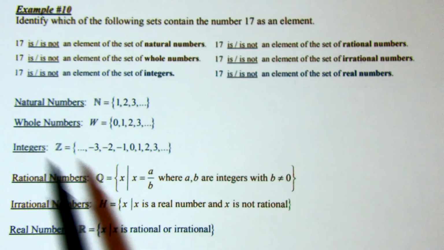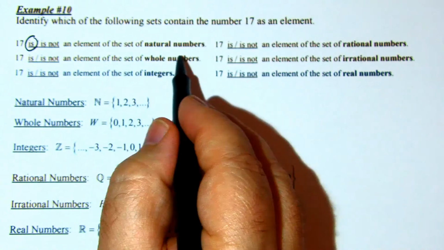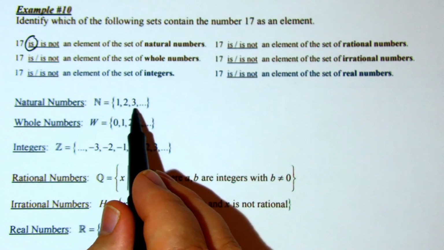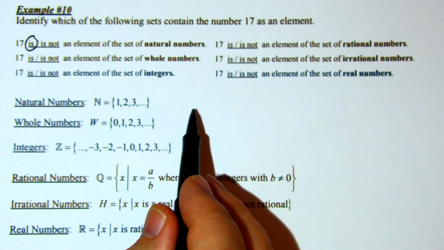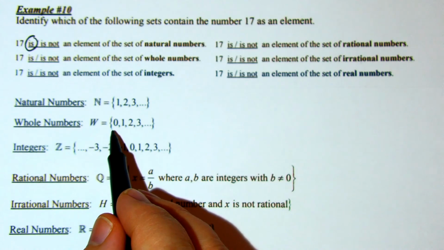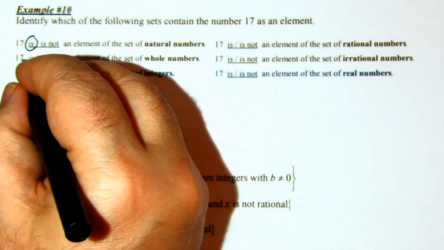So notice that 17 is an element of the natural numbers because the natural numbers are 1, 2, 3, etc. in that direction, so it contains 17. Likewise, the whole numbers start at 0 and count up, so they'll also contain the number 17.